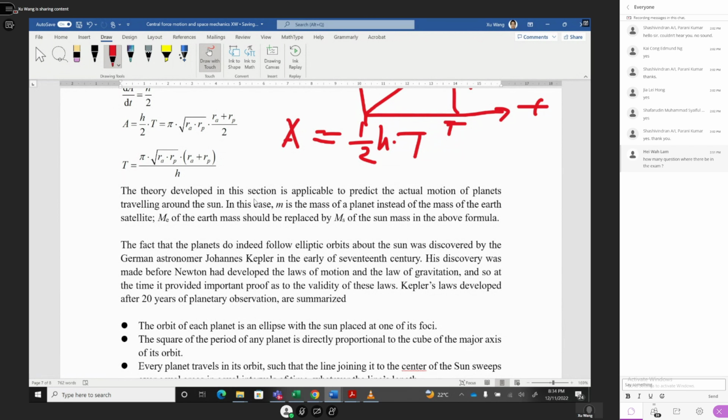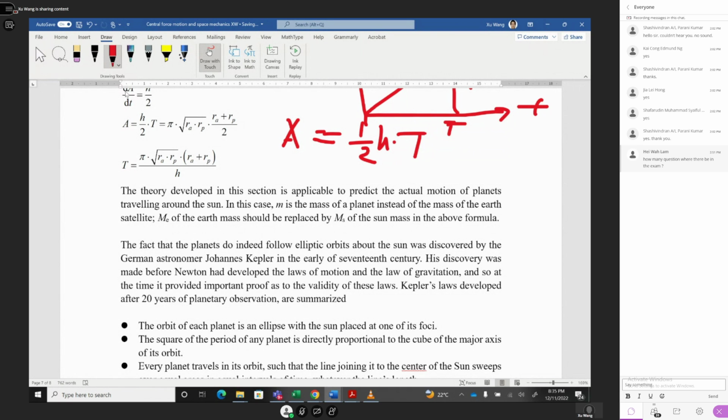In this case, m is the mass of the planet instead of the mass of an Earth satellite. Before, in our derivation, ME was Earth's mass, but if you move to planet motion along the sun, this ME becomes the sun's mass, and should be replaced by the sun's mass in the above formula.